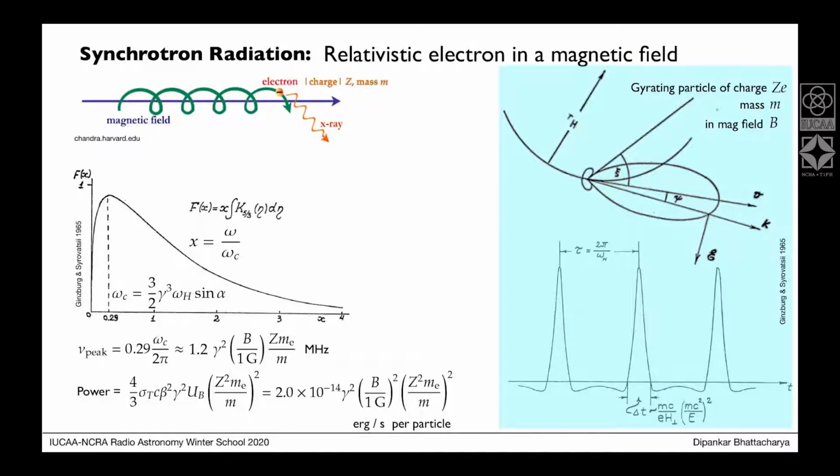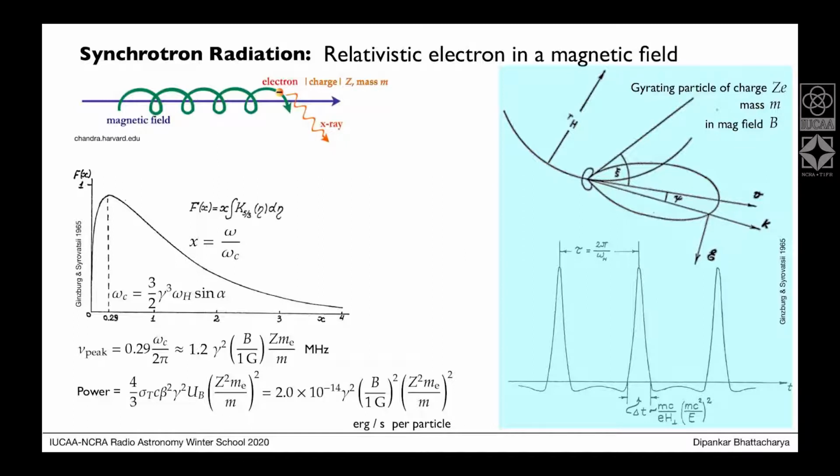So because of this peaked nature of the electric field, once you Fourier transform this, you would have not only the fundamental frequency of repetition of this electric field, which is equal to the gyro frequency, but it will have many, many higher harmonics because of the very sharp nature of this electric field pulse. And when you look at the distribution of the intensities of these harmonics, you will get a distribution which is shown in the bottom left diagram.